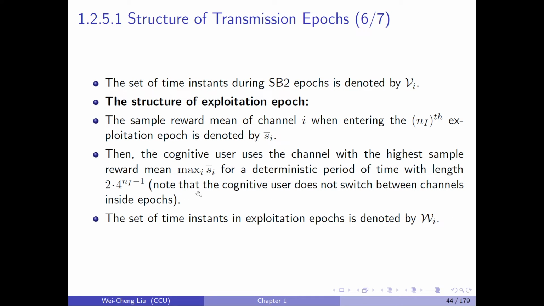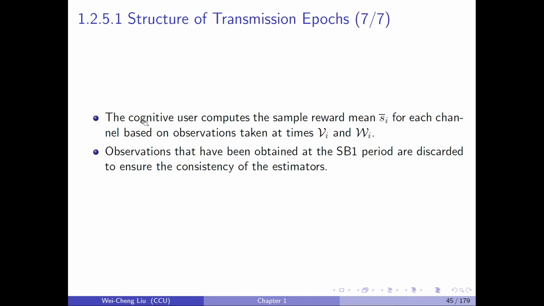Note that the cognitive user does not switch between channels inside epochs. The set of time instants in exploitation epochs is denoted by Wi. The cognitive user computes the sample reward mean S bar I for each channel based on observations taken at times Vi and Wi.